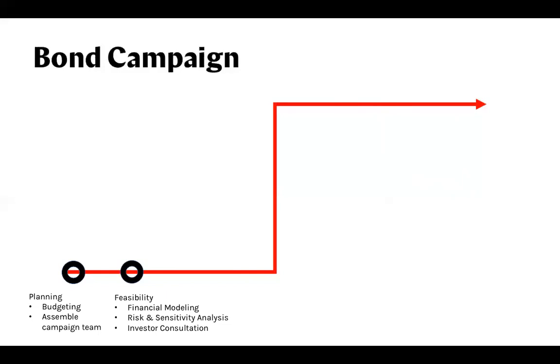So that's where we would actually look at doing a financial model, comparing the organization's revenue and seeing what sort of rate of return they could offer investors, what would be feasible for them. Doing a risk and sensitivity analysis to make sure that they could comfortably offer debt.